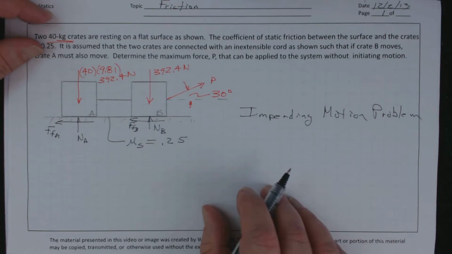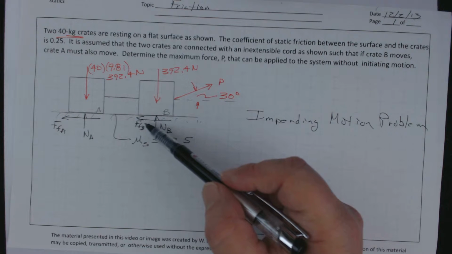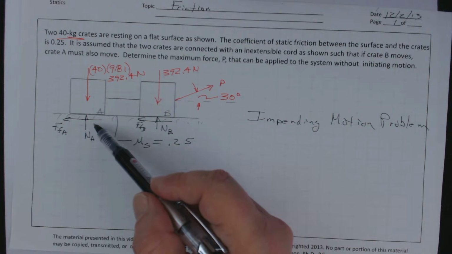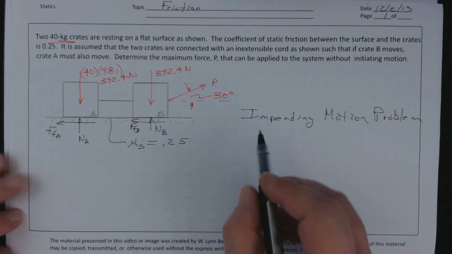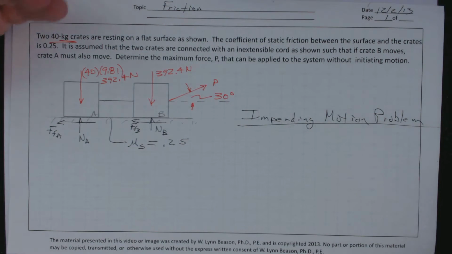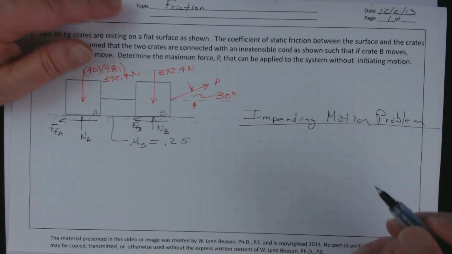What that means is we're trying to find the greatest friction force that could actually happen here and the greatest friction force that could happen here, because they would both be working together to prevent motion of this block. So this is not like some of the problems where we're trying to decide, does it slide or does it not slide, or what's happening. What we're trying to decide here is how much force is required to cause it to slide.